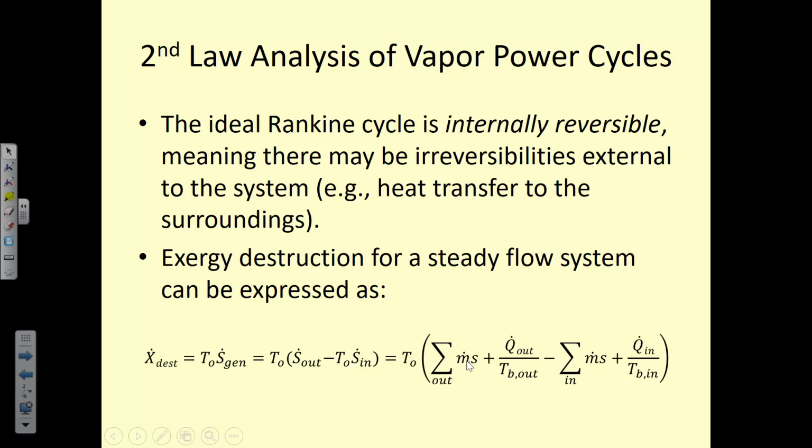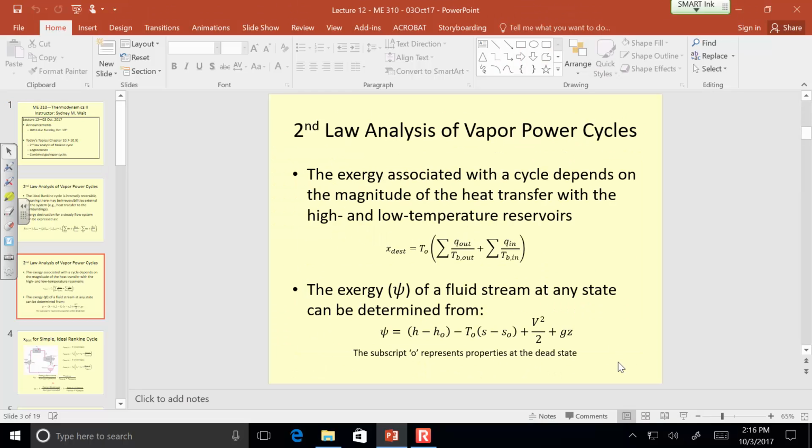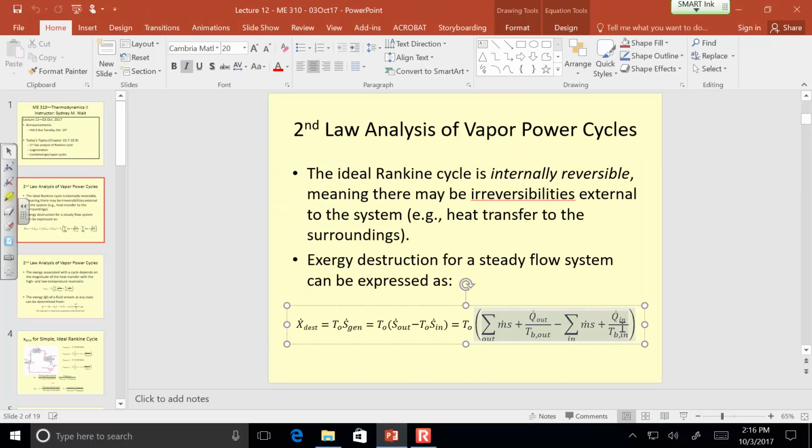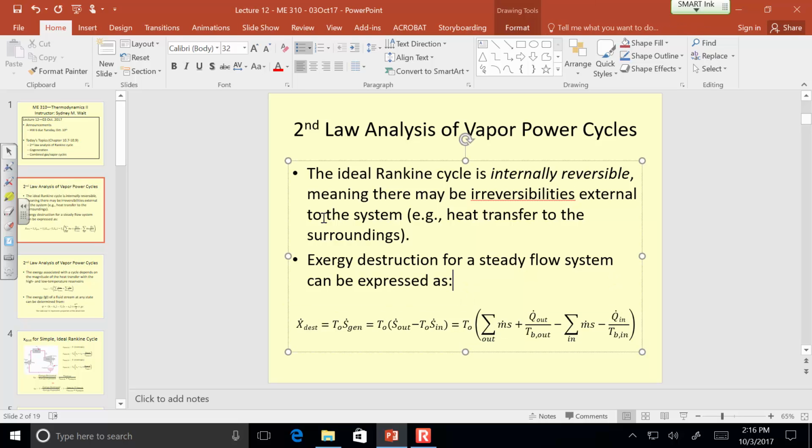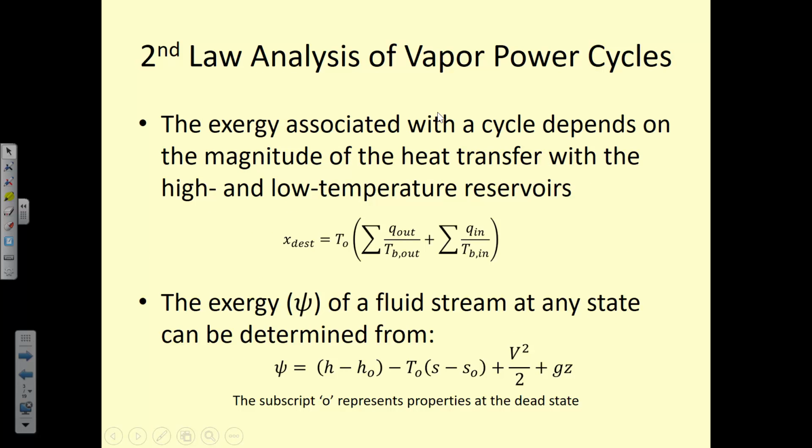And then we use the Q outs and then Q ins in that way too. I think this is supposed to be a negative here actually. So we're adding the entropy coming in and we're subtracting the entropy leaving the system.